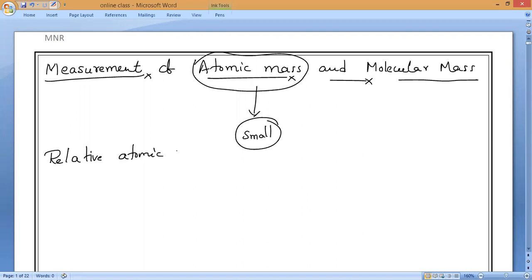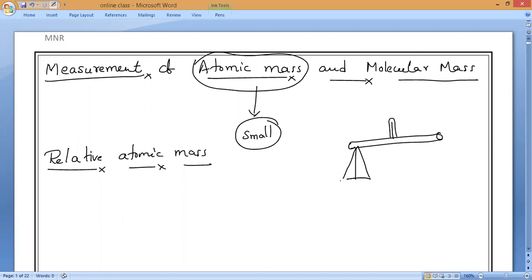It means we are comparing the mass of every element with some other standard, like how we measure rice, dal, or some other thing by keeping a 1 kg stone or half kg stone. Do you remember that, everyone? If we take a beam balance, on one side we keep a half kg or 1 kg stone, and on the other side we measure vegetables or rice or whatever it is.